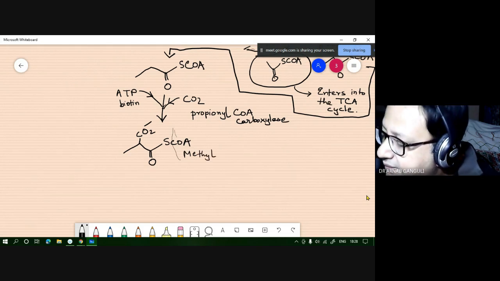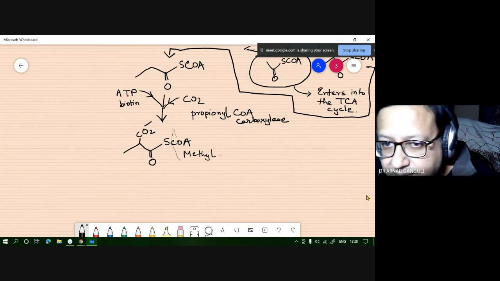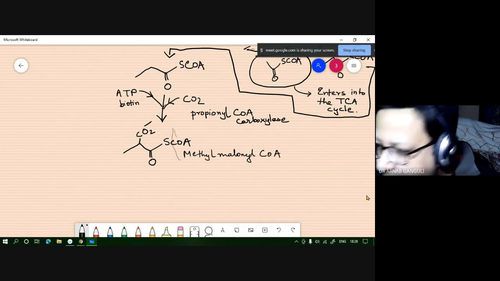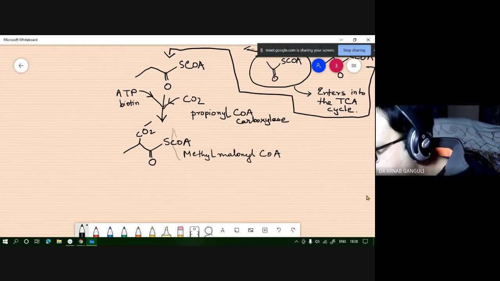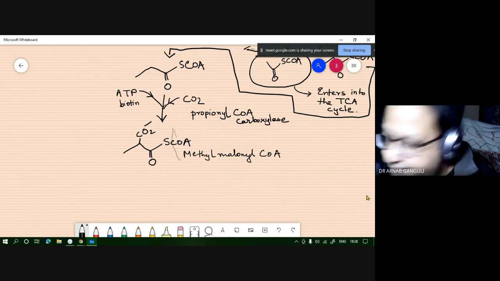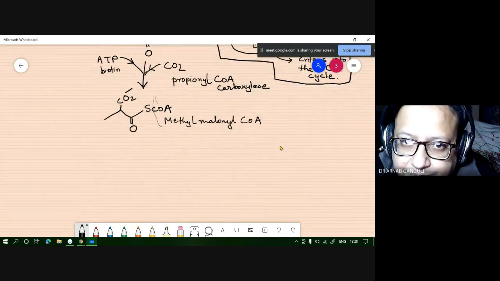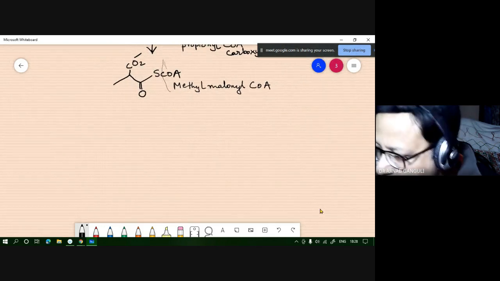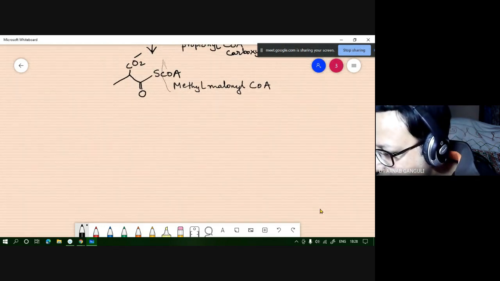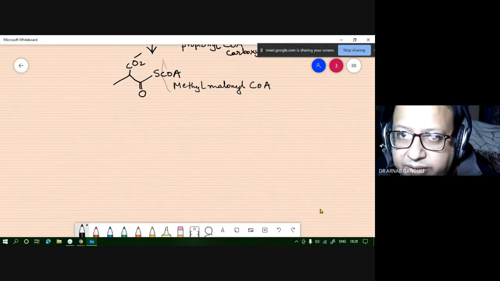Methyl malonyl CoA. This is the name of this compound. Now vitamin B12 will enter.